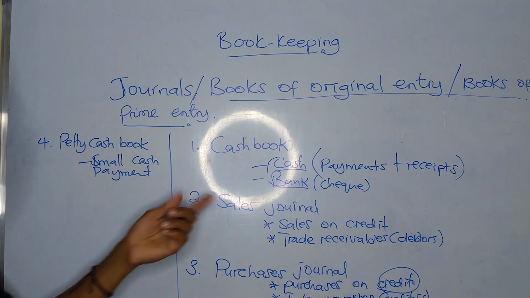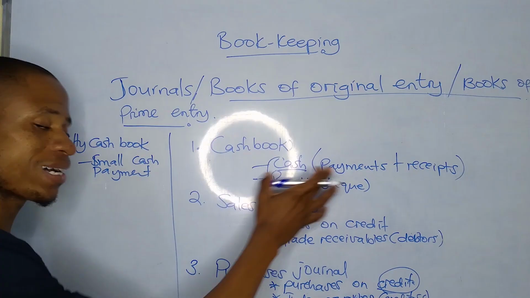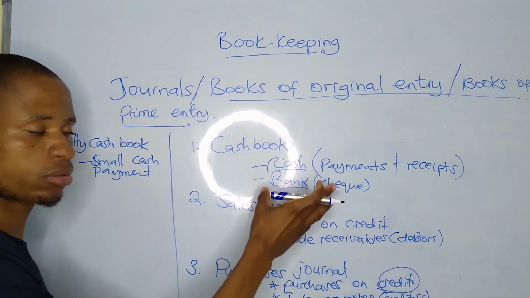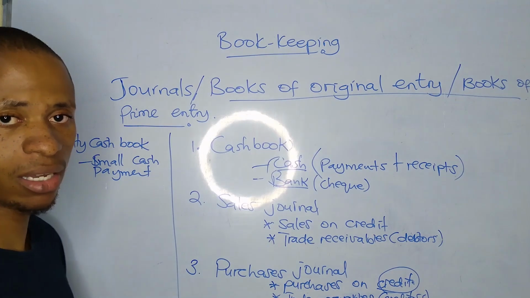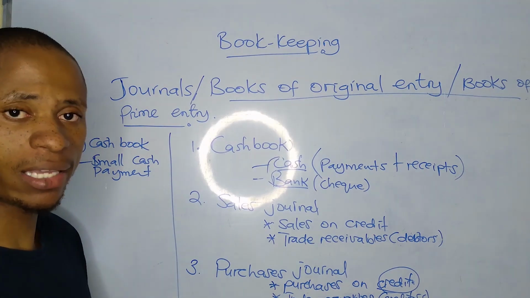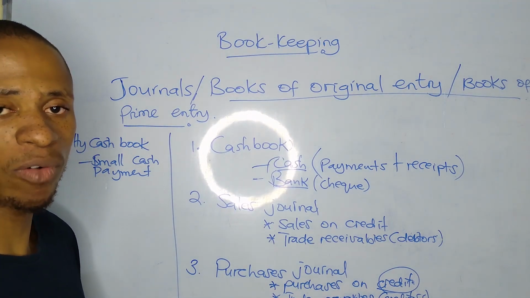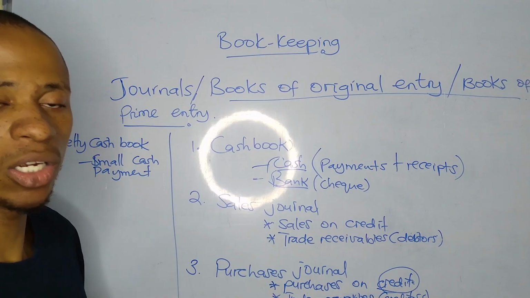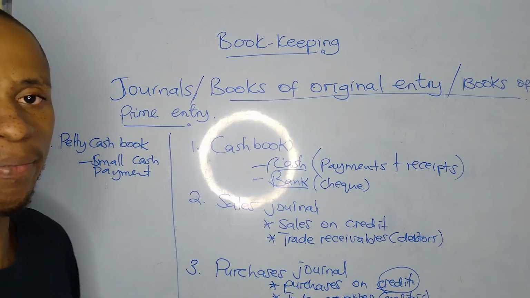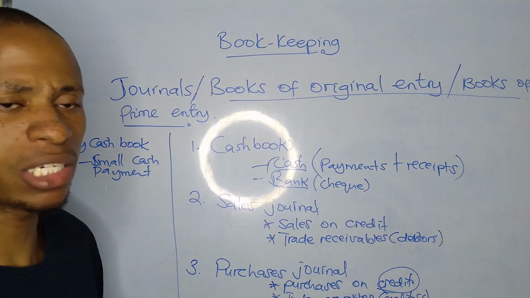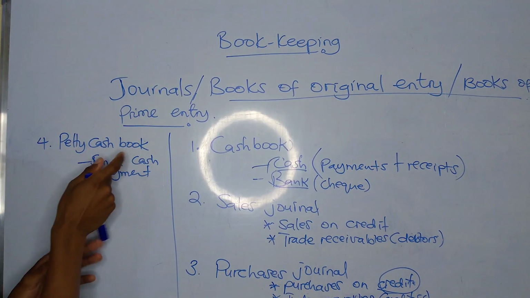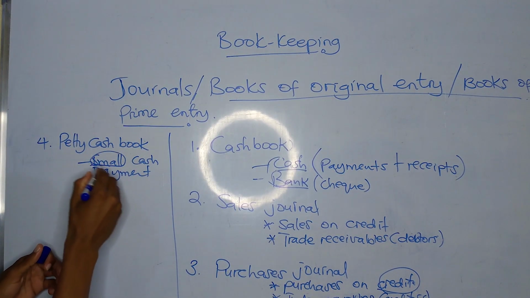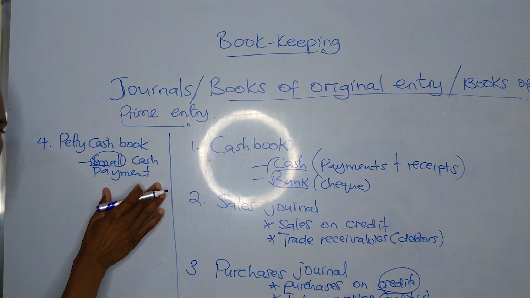The main cash book records a large amount of transactions, payments and receipts. But if a business has a budget for small items to be bought, such as stationery or some bills, they record them in a petty cash book, where small transactions paid in cash are recorded.